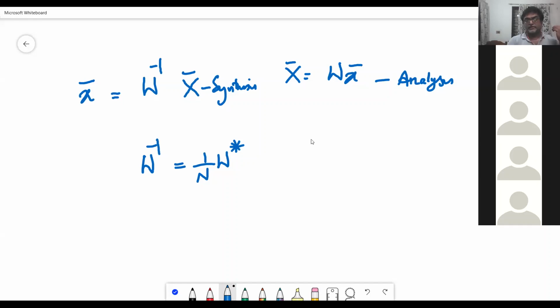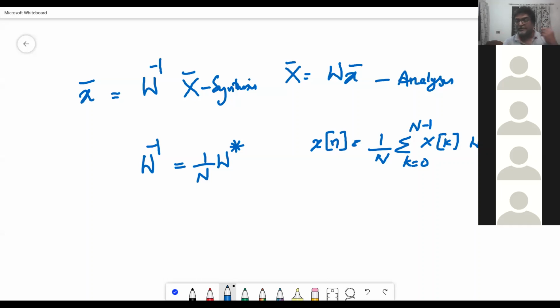This is written by observing that the synthesis equation is x of n equal to 1 by n sigma k equal to 0 to n minus 1 x of k Wn raised to minus nk.